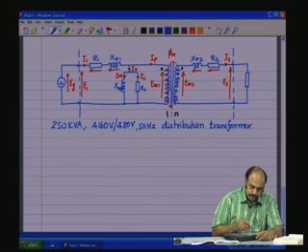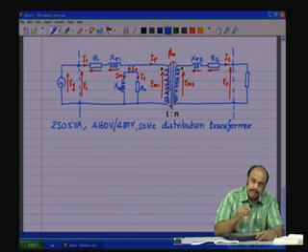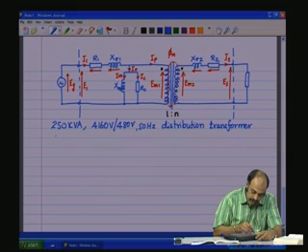Now first let us find out the base impedances.